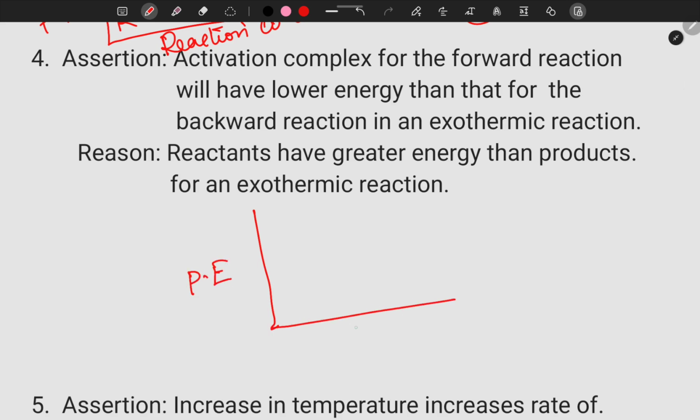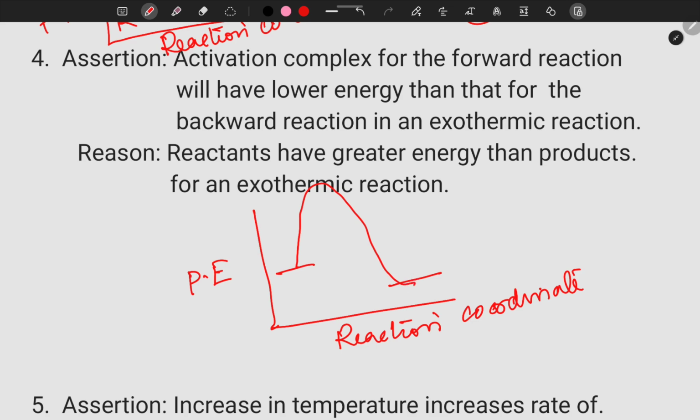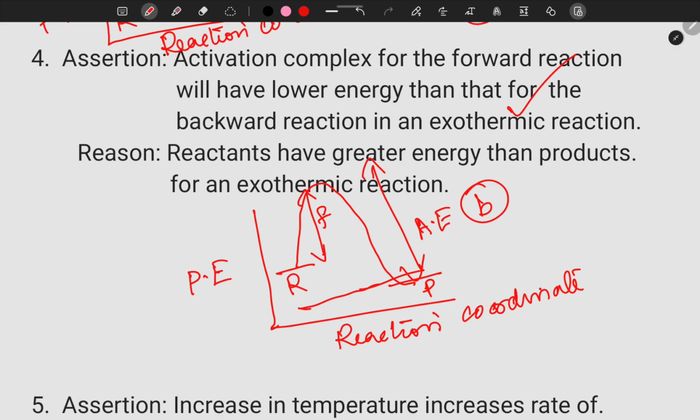When we draw potential energy against the reaction coordinate and compare the energy of reactants and products for an exothermic reaction, we can see the activation energy for the forward reaction is this, but this is the activation energy for the backward reaction. So the activation energy for the forward reaction is lower than that of the backward reaction in an exothermic reaction.